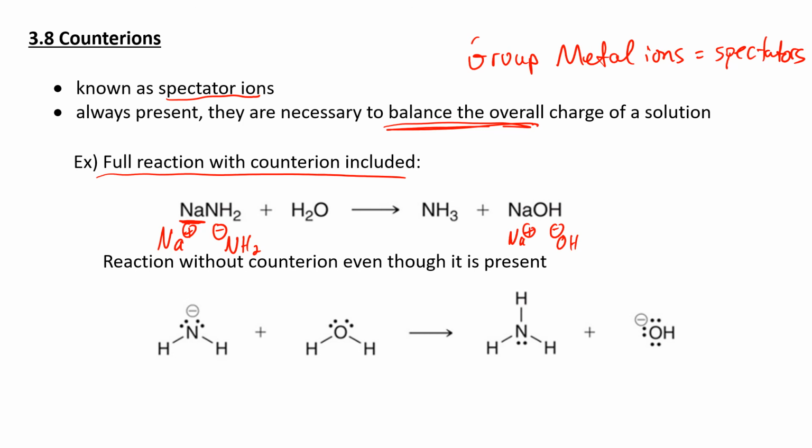So we really don't need to write them in. You can write the reaction without the counterions. So don't worry when you see these group 1 metal atoms. They're spectator ions. They don't participate in the reaction other than to just balance the overall charge of the solution.